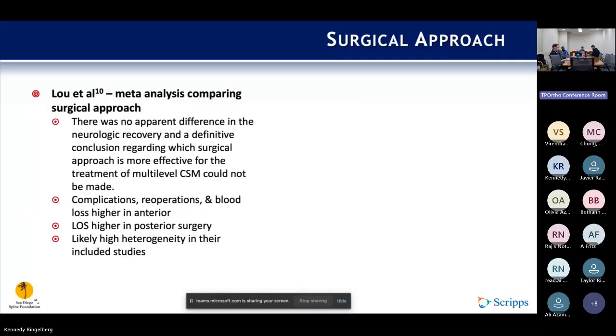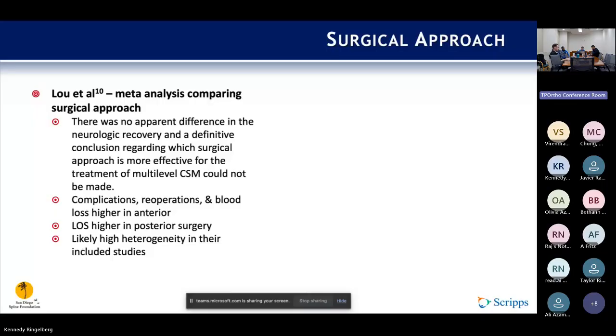There have been multiple meta-analyses comparing the surgical approach. The gist of it is that most of them basically have no major conclusions regarding which one is better, anterior or posterior. What's difficult again is it's a very complicated decision in terms of which way to go, and there are certain indications for each.